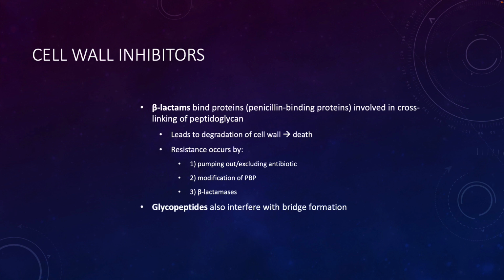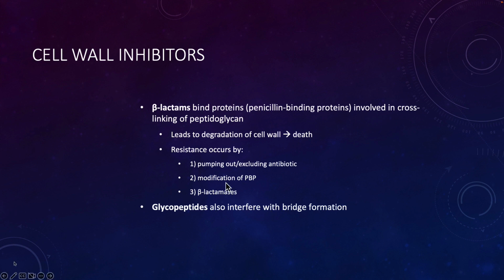Unfortunately, we see a lot of resistance to beta-lactams. And resistance occurs by 3 main mechanisms. 1, the bacteria literally just pumps out the drug. So theoretically, the drug would still work, but it just can't get to a high enough concentration in the cell because the bacteria keeps throwing it out.